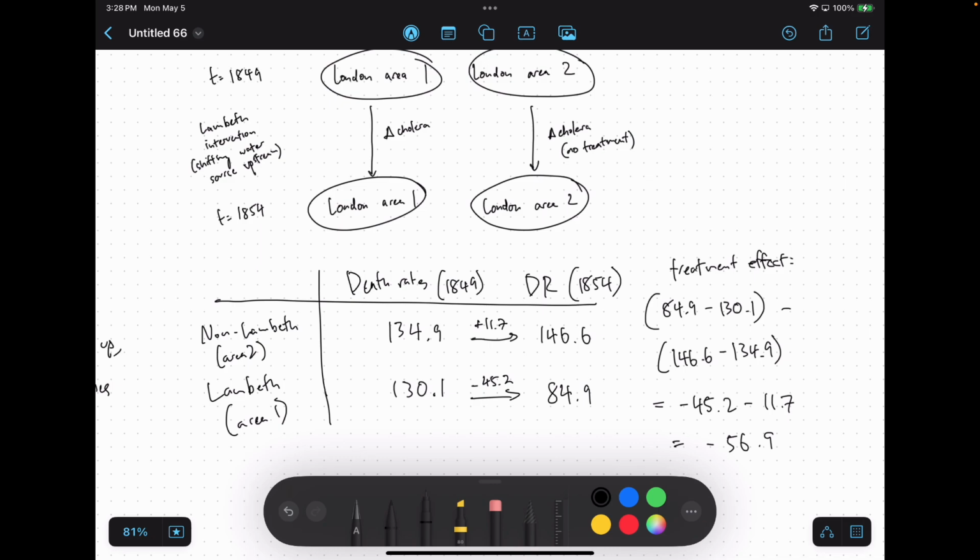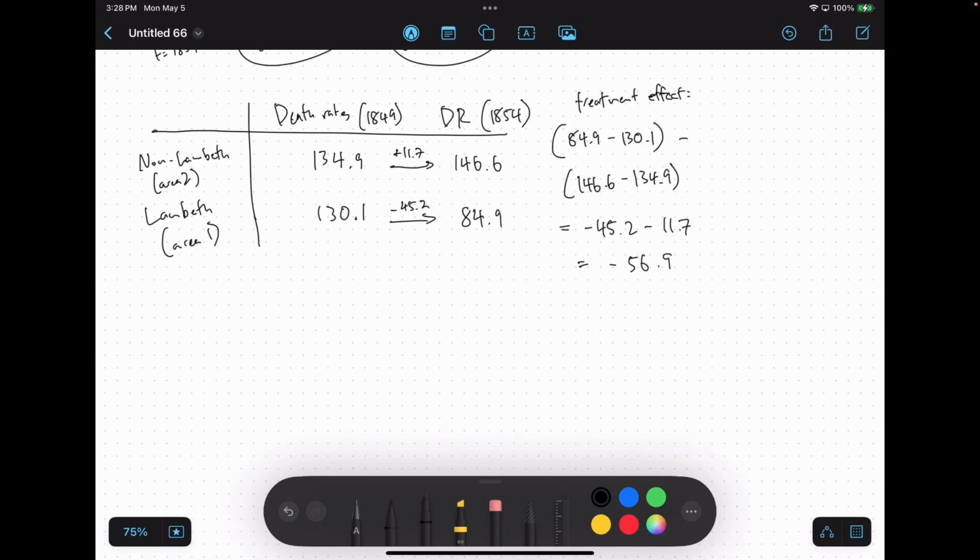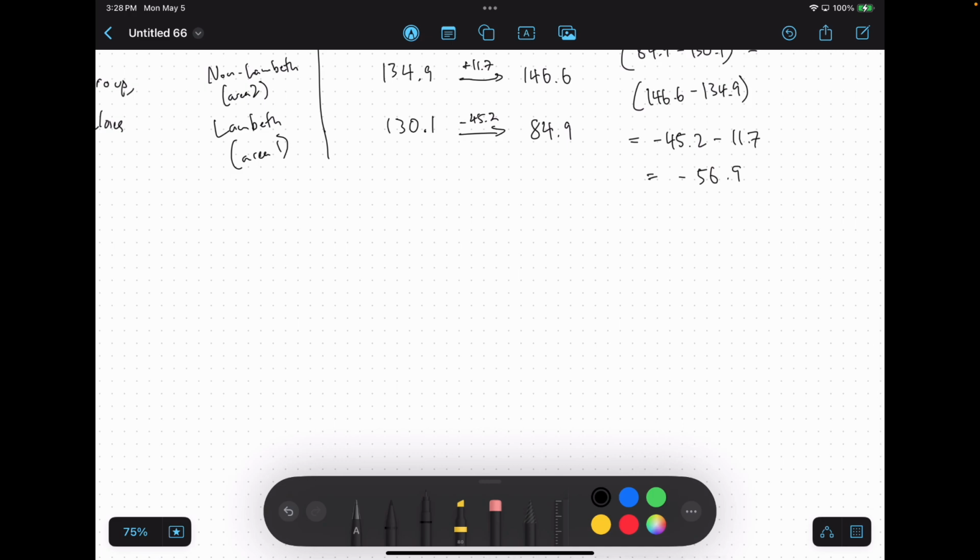Okay. So I can actually write this particular thing that I just did here out in regression form.